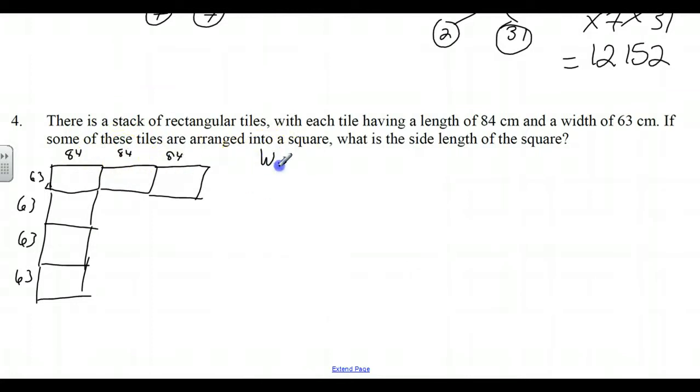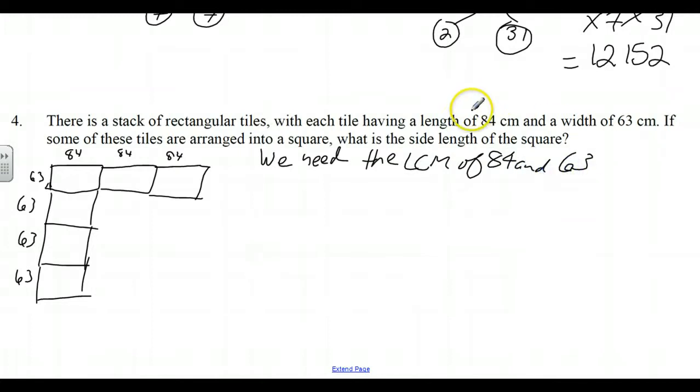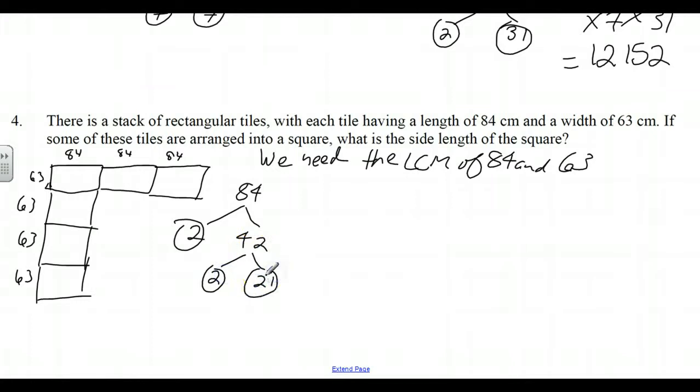So we need the least common multiple of 84 and 63. Now I could start taking multiples of 84, but at some point it's easier just to say, hey, let's factor down a tree. That's 2, this is 42, 42 is 2 times 21, which is not prime.